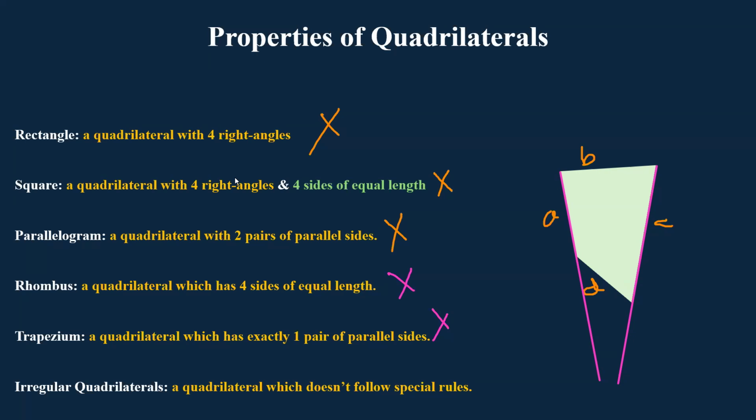It doesn't follow the square properties. It doesn't follow the parallelogram properties. It doesn't follow the rhombus properties, and it doesn't follow the trapezium properties. So the only option is irregular quadrilateral.